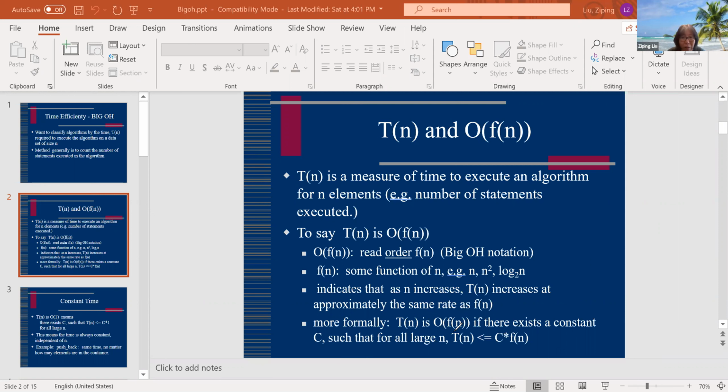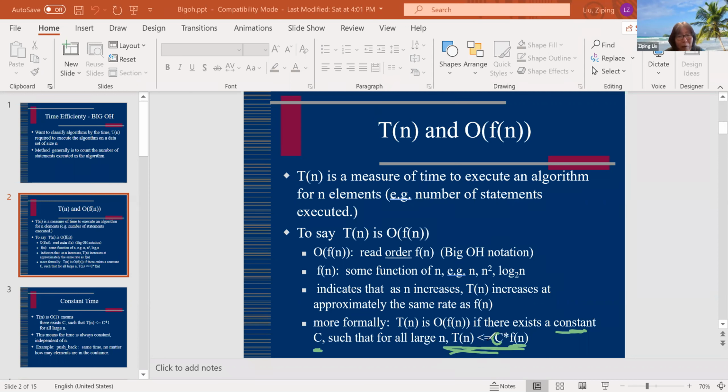So generally speaking, we say Tn is order Fn if you can find some constant. Just one existing is enough, so that you can have this expression hold true: the Tn, that's the real number of the execution times of the statement, is less than the constant times that Fn.